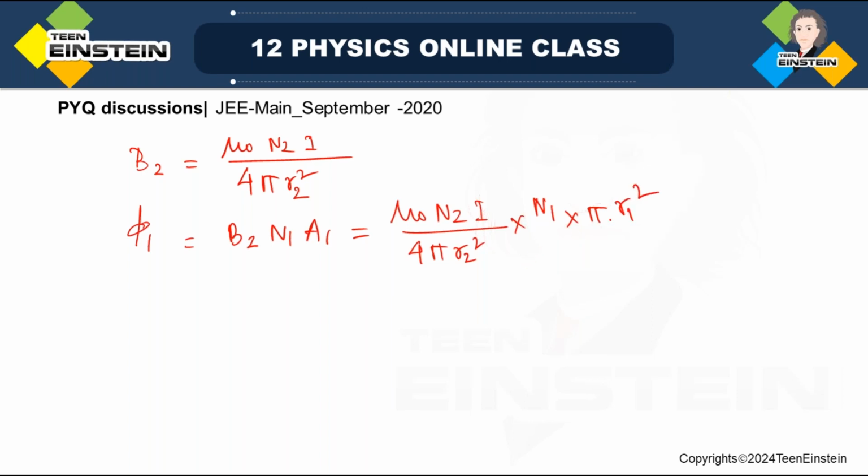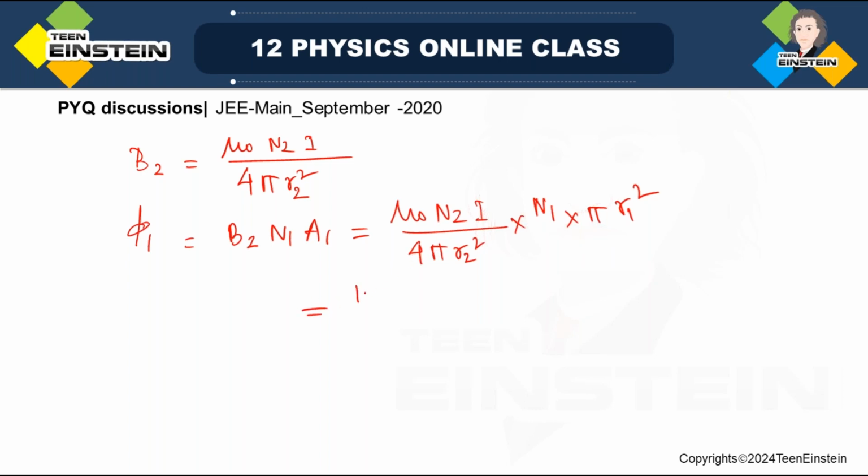So I can strike these pi's if required. One pi still will come from this mu. Let me keep this pi actually. This will help me to do the calculation easily.